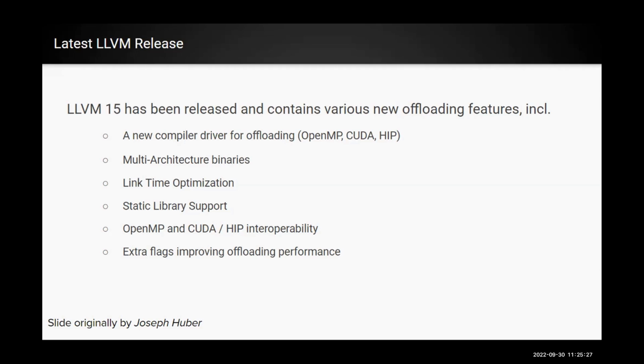Multi-architecture binaries: you can build a single executable and run it on various computers, architectures, multi-sub-architectures, and so on. LTO, I mentioned, has full support for static libraries. And when we say static libraries, we obviously mean static libraries that have offloading code in them. So all ways you would build that and use that should work now.